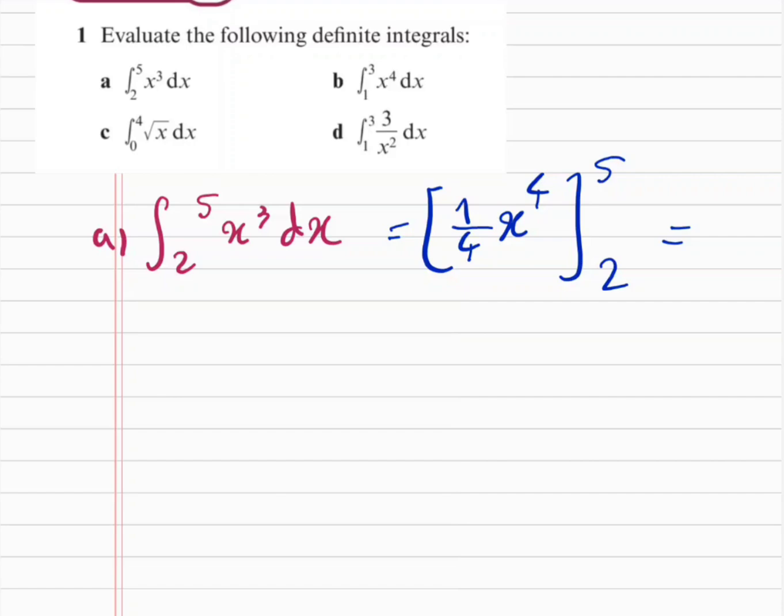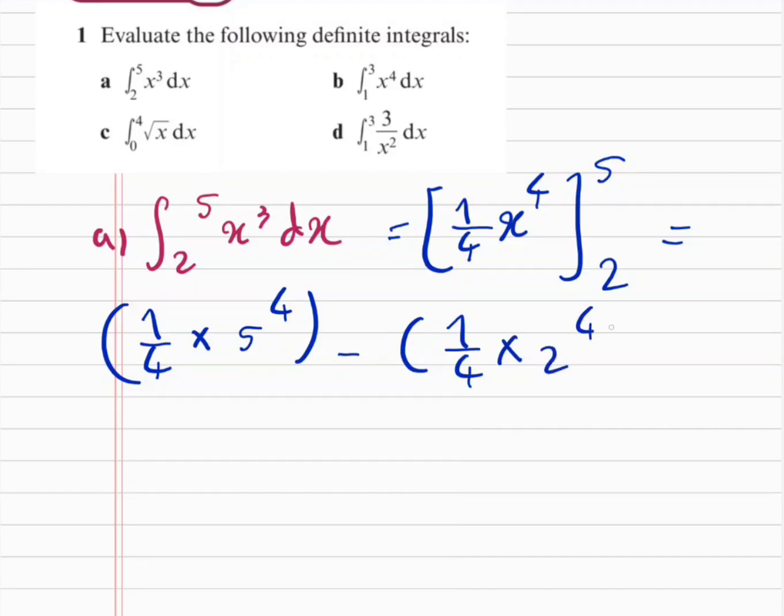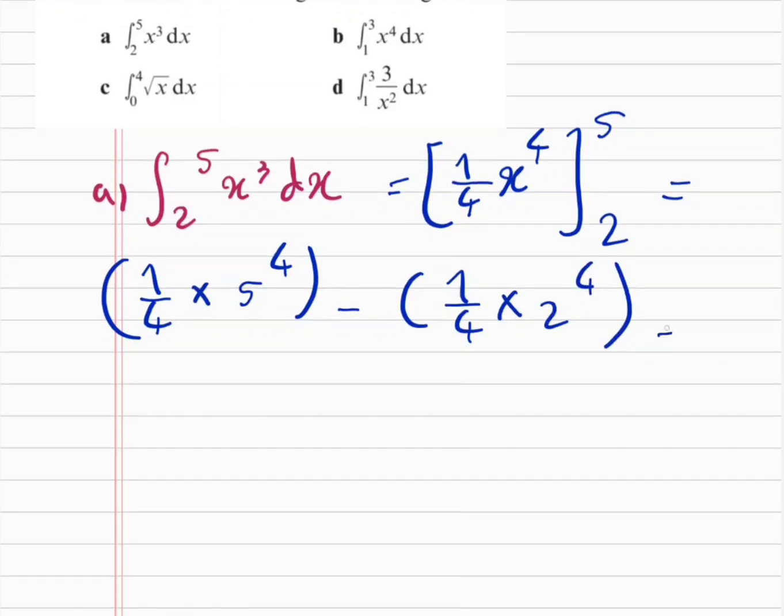So first, it is 1/4 x to the power of 4, we substitute 5: 1/4 times 5 to the power of 4 minus, it is always minus, 1 over 4 times 2 to the power of 4. And that's basically it. This is how we solve a definite integral to find a value.